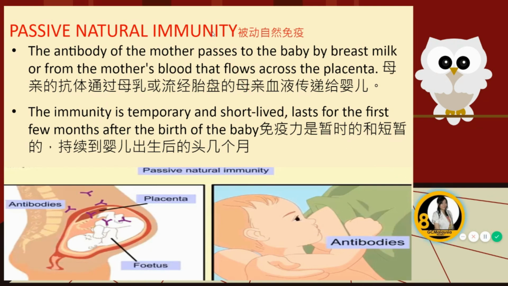Passive natural immunity. The antibody of the mother passes to the baby by breast milk or from the mother's blood that flows across the placenta. The immunity is temporary and short-lived.